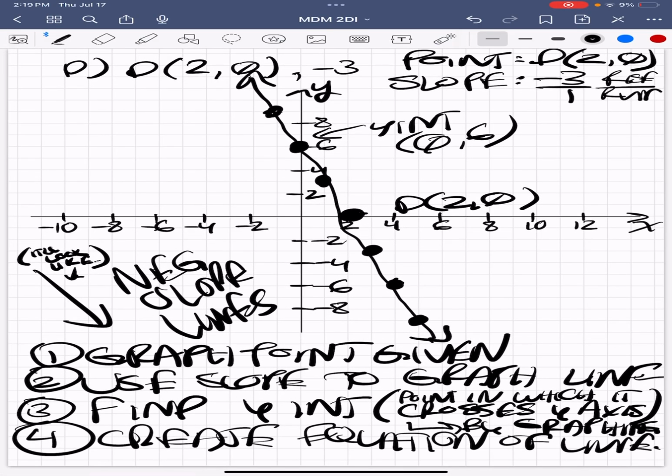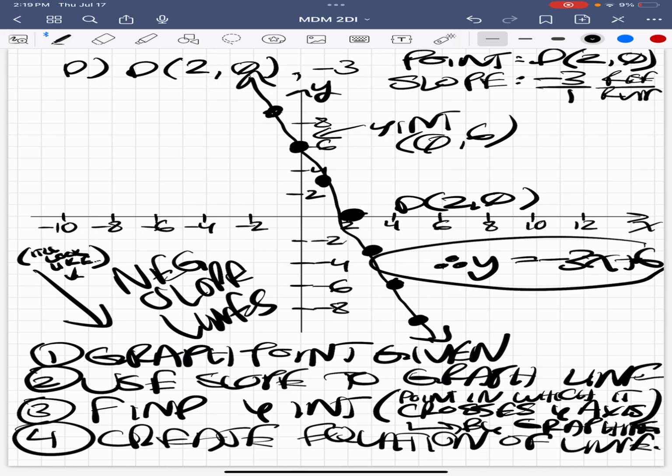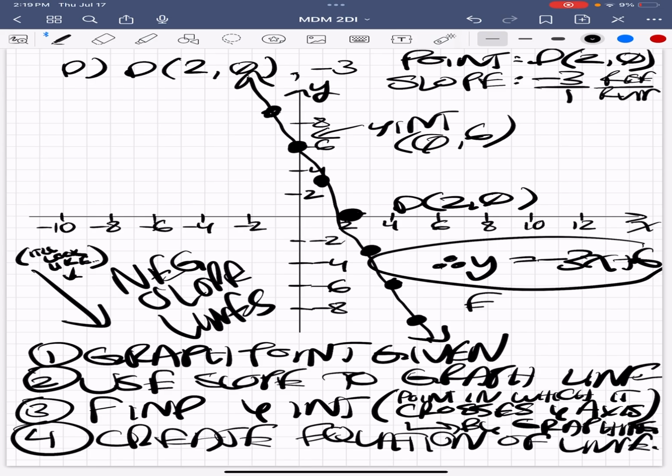And then we have y equals negative 3x plus 6, which is our equation of the line. So that's our equation of the line up there.